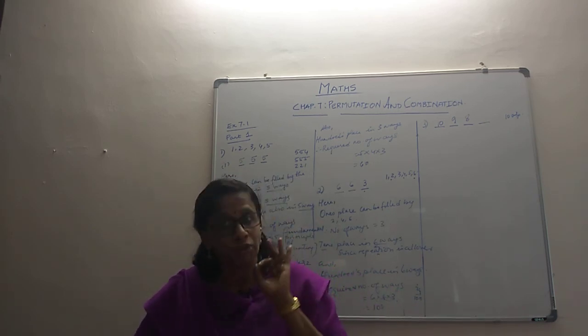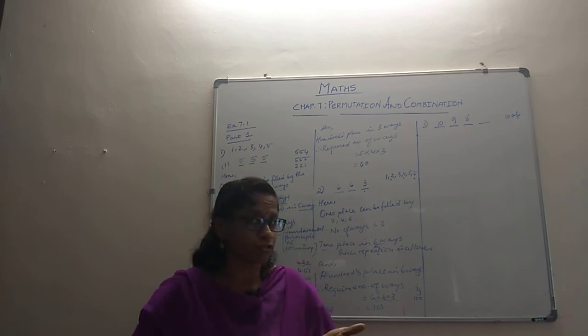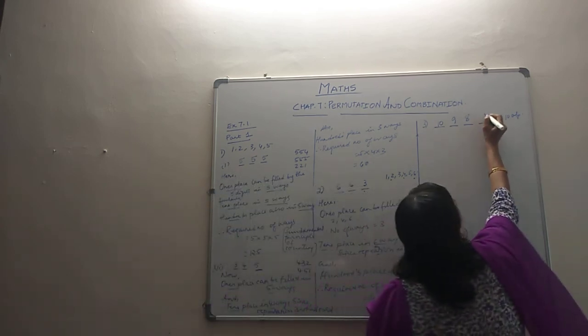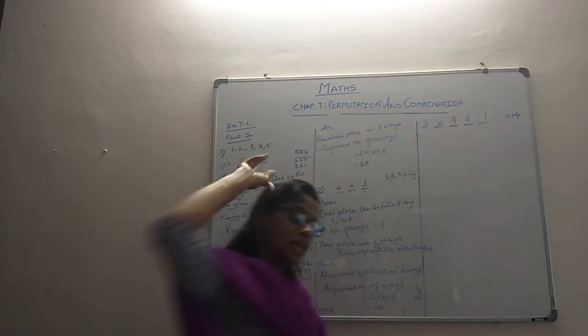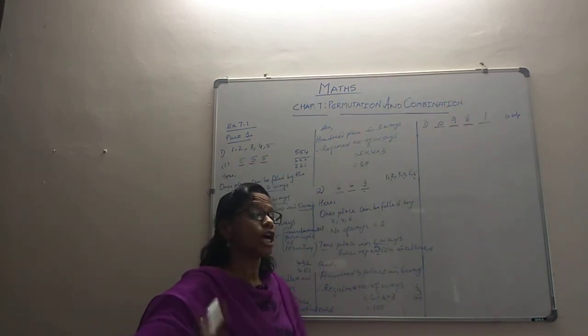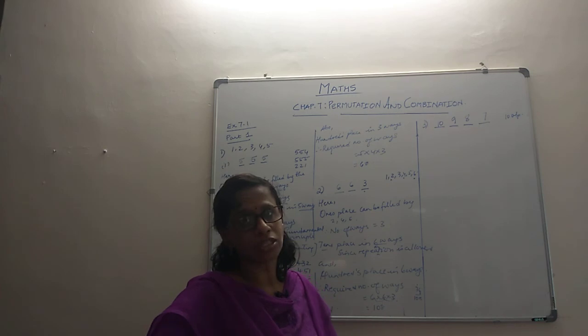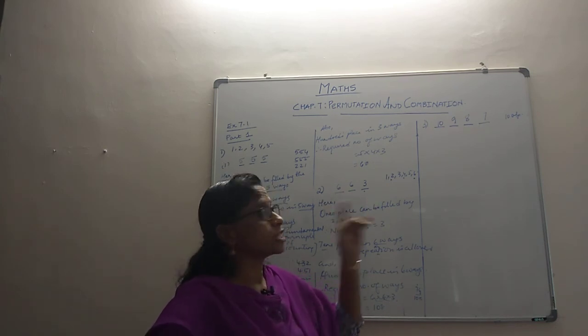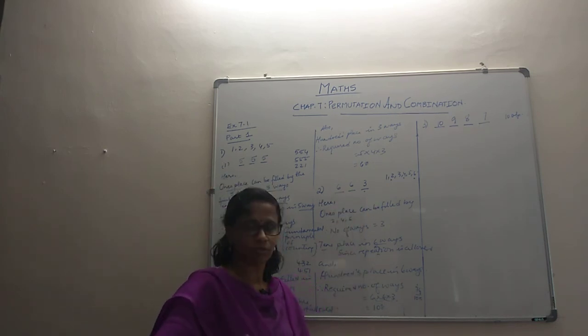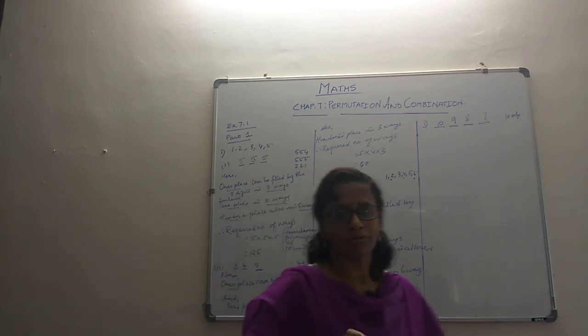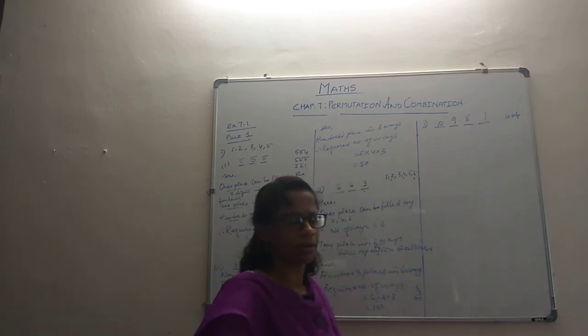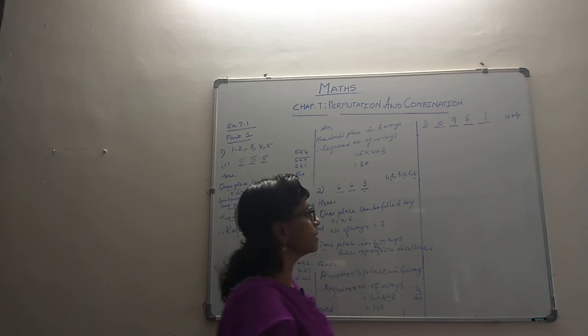Now you have only 7 alphabets from which to choose, so the last place can be filled in 7 ways. The total number of ways of forming this code is 10 into 9 into 8 into 7. Whatever that comes to is the total number of ways, just as we did in the problems before. So let's pen it down.